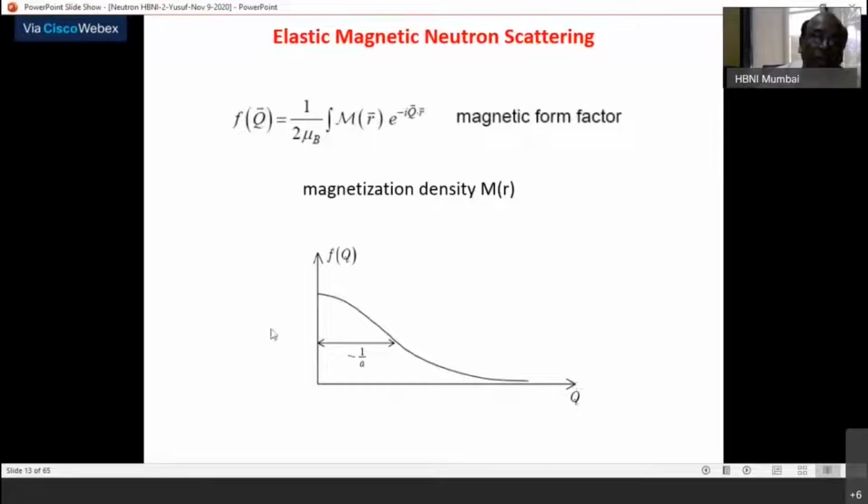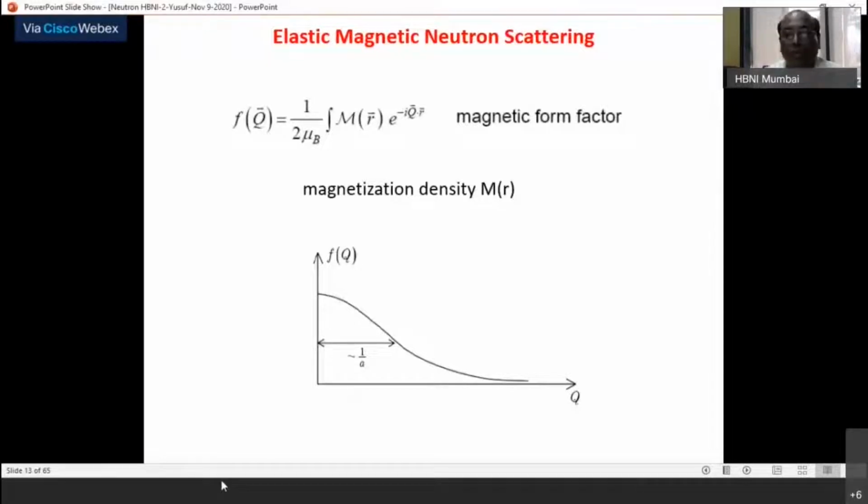Okay, now what is the message out of this? See, you must have a couple of concepts if you want to use neutrons for magnetic material. So invariably, if you have already done neutron diffraction, some of you, I am sure, you see here only up to a certain scattering angle, typically 50 degree or 40 degree or 60 degree 2 theta, you see magnetic Bragg peaks.